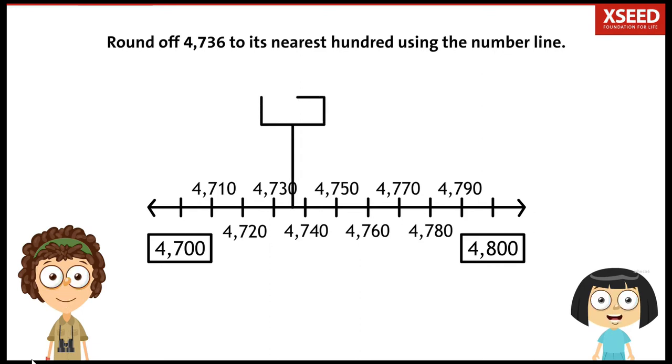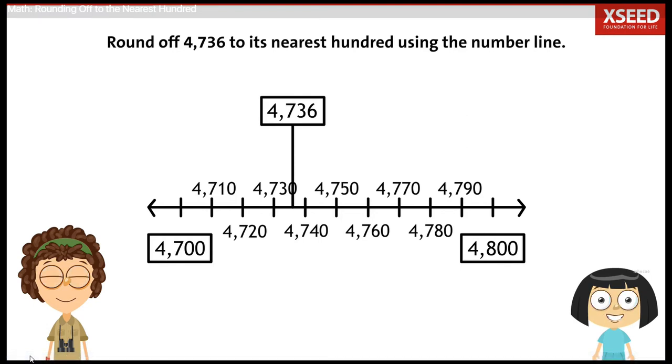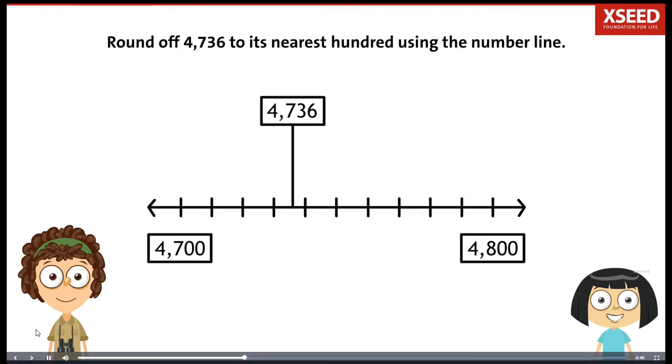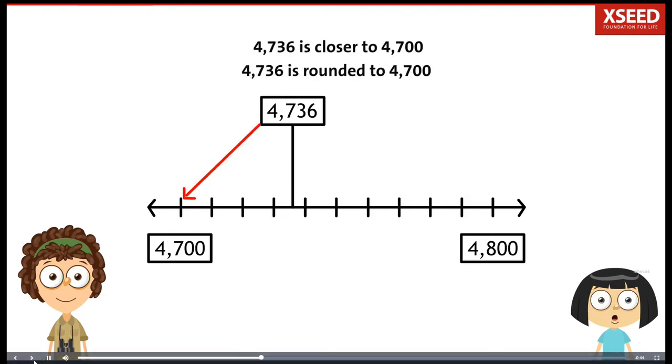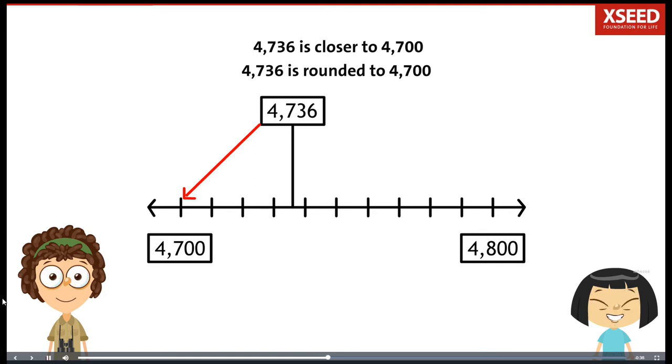We first plotted 4,736 on the number line. Then we found out the nearest hundred. Here, 4,736 is closer to 4,700. So, 4,736, when rounded off to its nearest hundred, gives us 4,700.